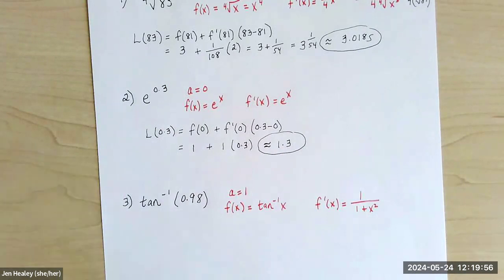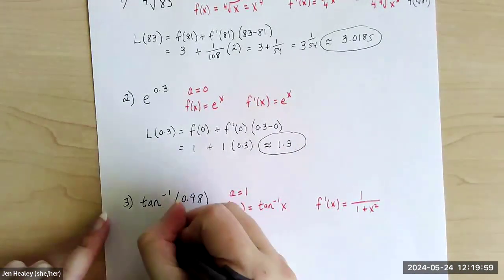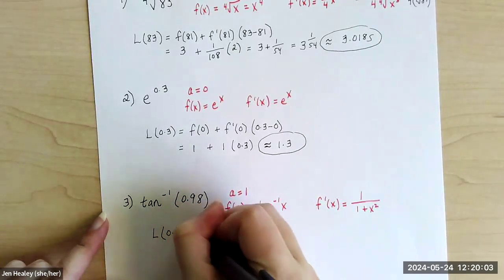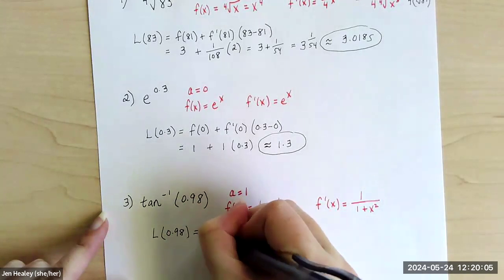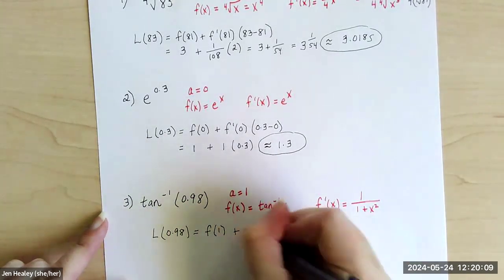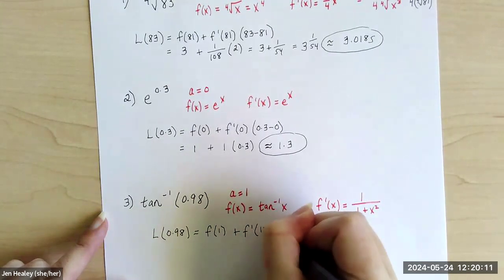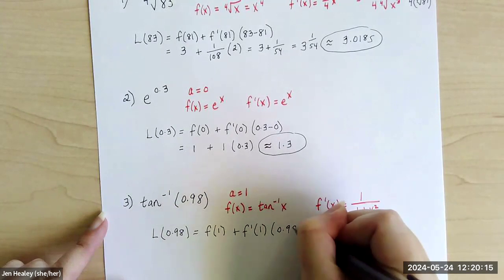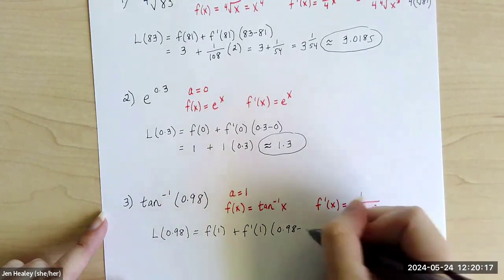So we are doing L of 0.98 is equal to F evaluated at 1 plus F prime evaluated at 1 times 0.98 minus our 1.